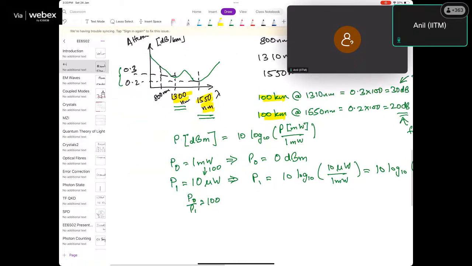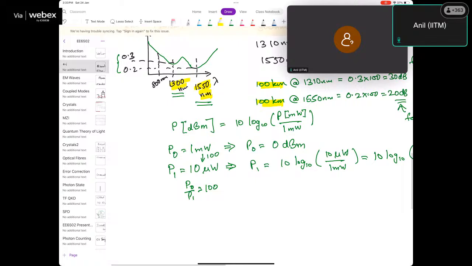So it turns out that if I send down this fiber, so here's my fiber, and now I'm going to draw it like this. This is the symbol for an optical fiber.